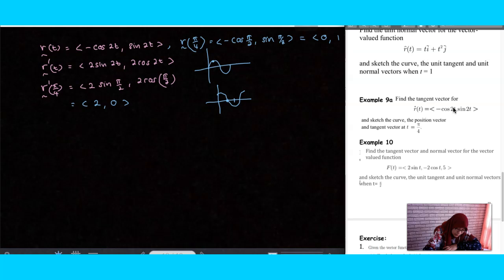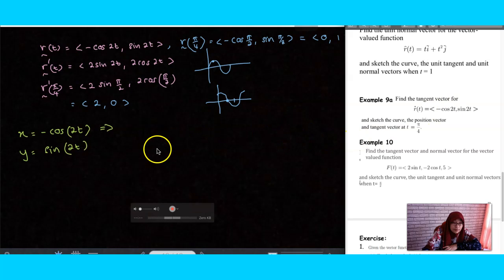Okay, which means that in this case you have the parametric equation x equal to negative cos 2t and y equal to sine 2t. So you have the same 2t here.